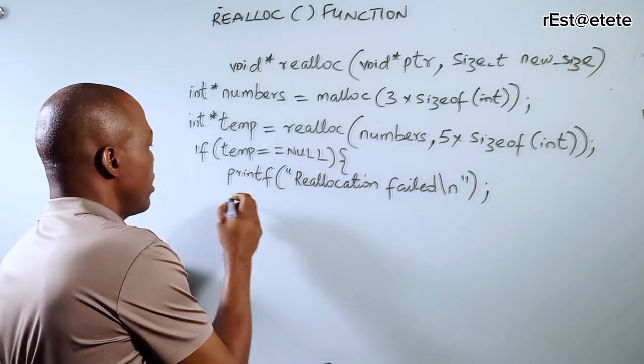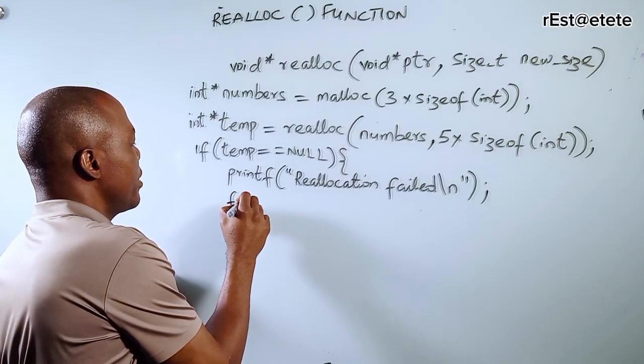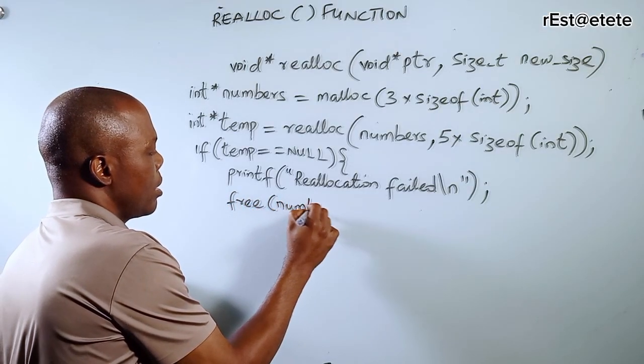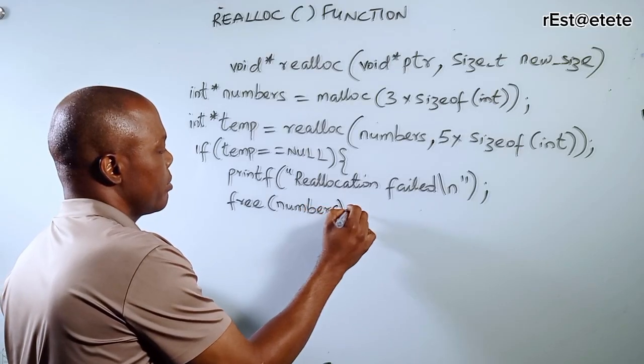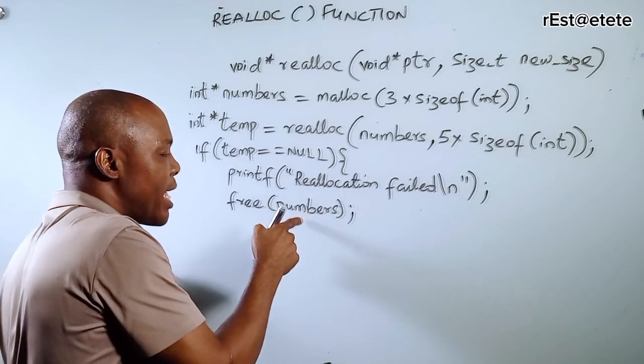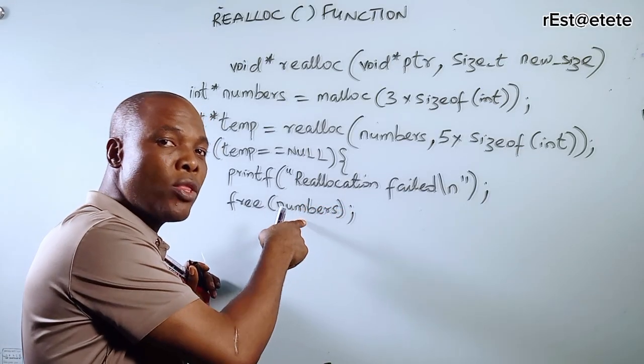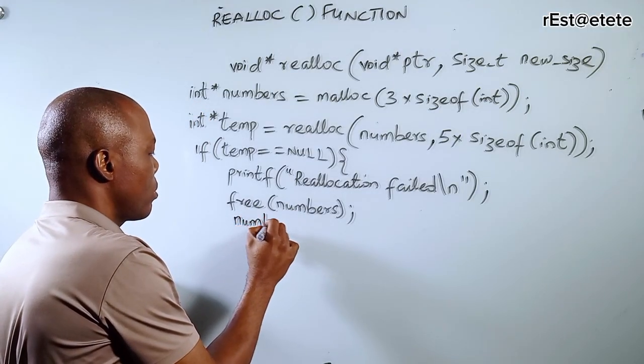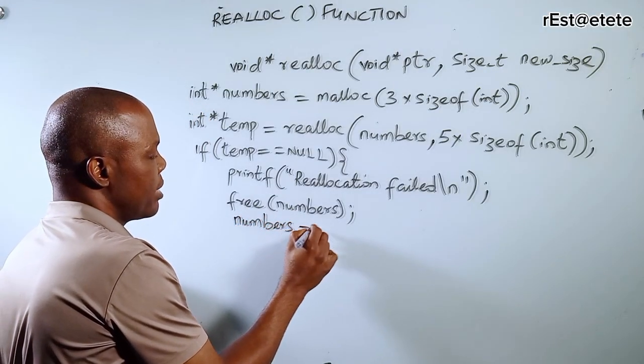So what do I do? I will come here and I will say free(numbers), right? Then I will assign NULL to numbers. So meaning I'll cut it off. numbers = NULL.